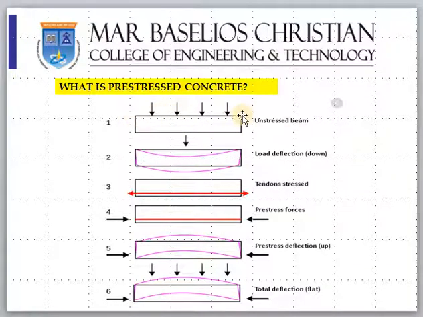So if we can reduce the tensile stresses considerably, then we can completely utilize the concrete. Below the neutral axis, you know that it is going to be tension. Since the concrete is very weak in tension, that part of the concrete is not utilized properly in reinforced concrete.